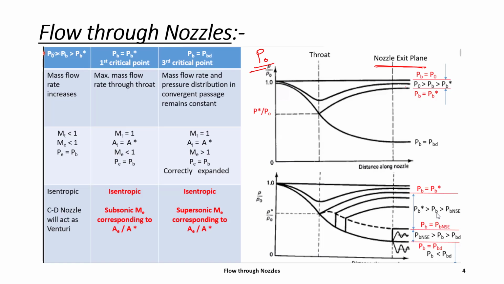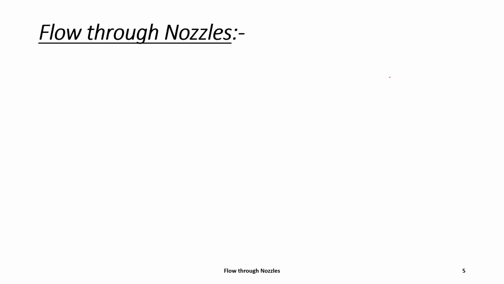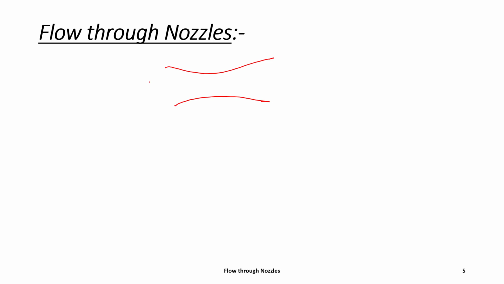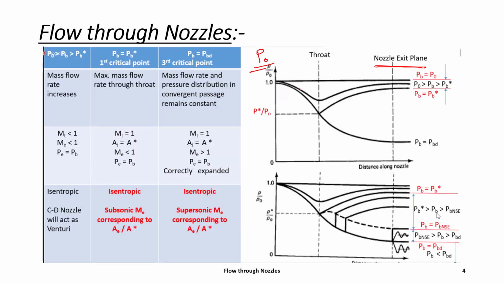So if we start decreasing the back pressure, then flow velocity will increase till the throat. After that, it will start decreasing. And as we decrease the pressure more and more, it will increase till the throat and then decrease.